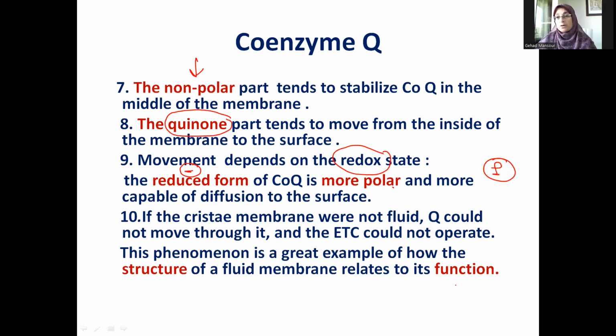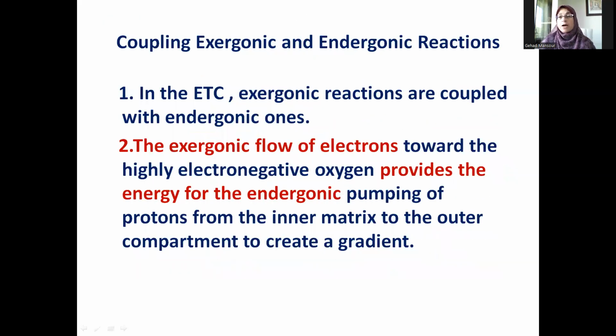What helps this is the fluidity of the cell membrane. So this lateral diffusion of coenzyme Q, which is the movement of coenzyme Q from side to side along the cell membrane, as well as its movement upwards and downwards, is helped by the fluidity of the cell membrane.